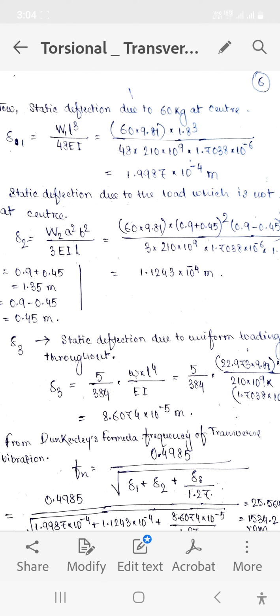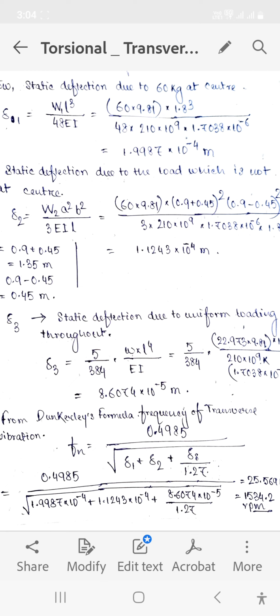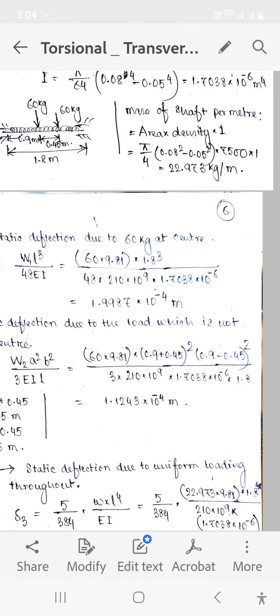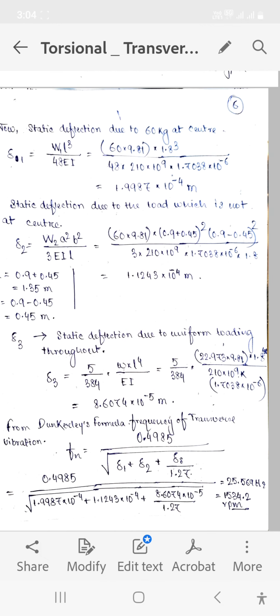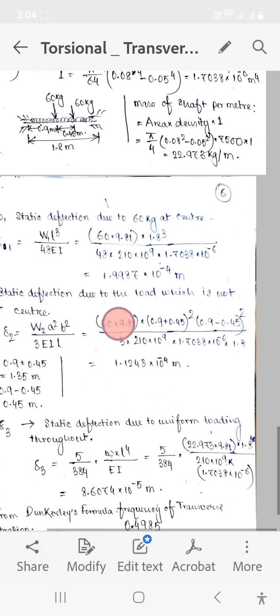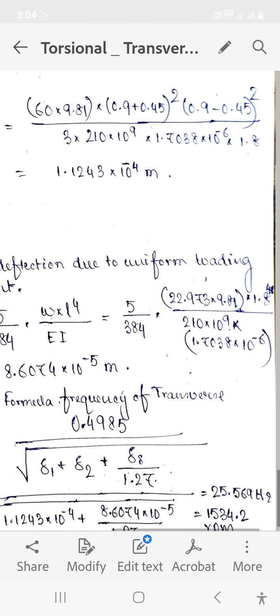Now delta S is the static deflection due to the uniform loading throughout, so 5 by 384 WL to the power 4 by EI. W is the mass of the shaft per meter, which is 22.973. Already we have calculated. So I have substituted that here, and L to the power 4 is 1.8 to the power 4.